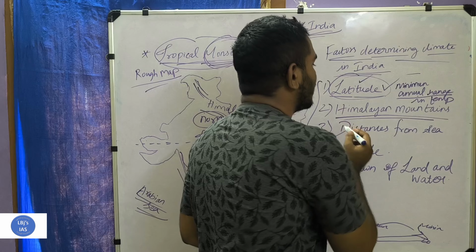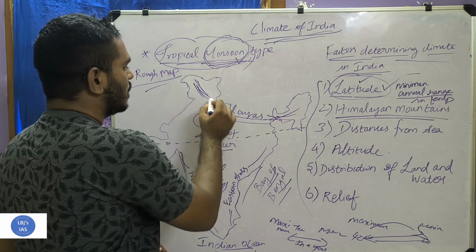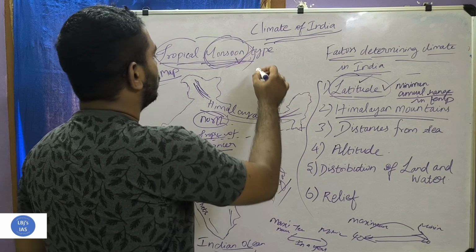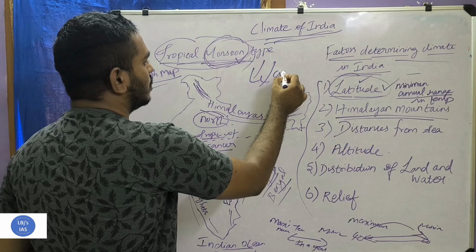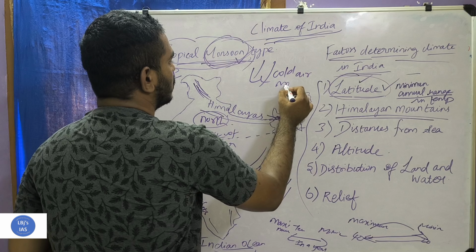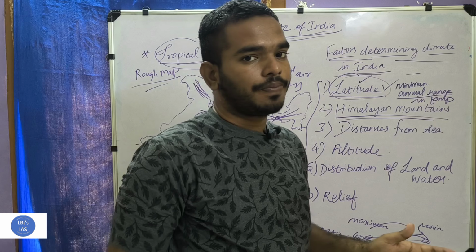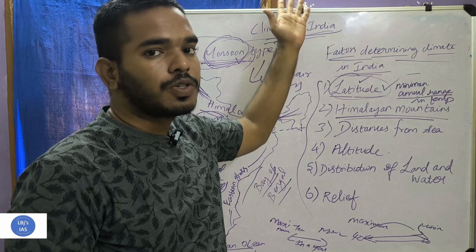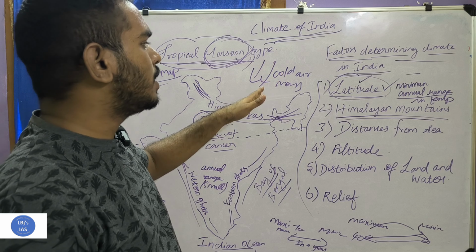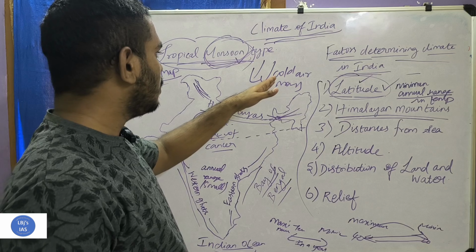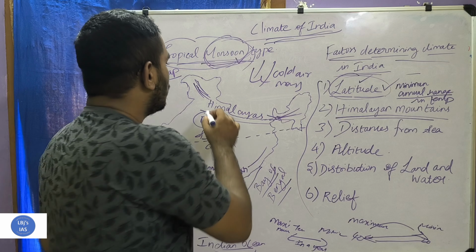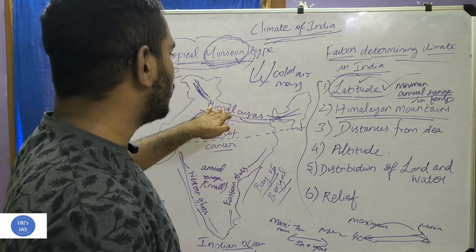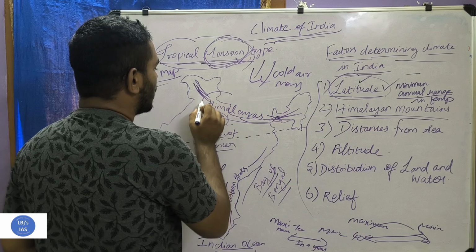Next one is the Himalayan mountains. The Himalayan mountains lie to the north side of India. The cold air mass that comes from the Arctic pole, we know that the Arctic pole lies in the northernmost latitude, does not enter very much into India due to the disruption by the Himalayas.